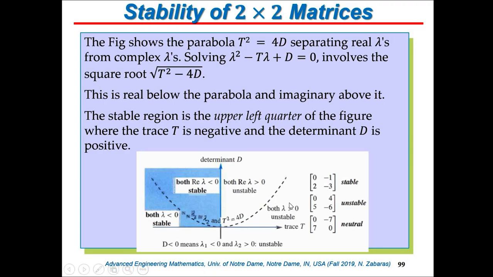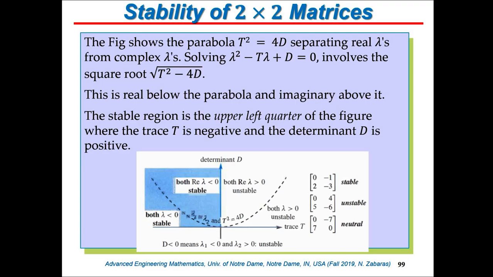So let's pick up one of the regions. For example, here, this t squared minus 4d is positive. So you're going to get a solution that is t plus minus this square root, okay? So you can immediately see that for positive t, both eigenvalues will be positive, which means the solution will be unstable, all right?